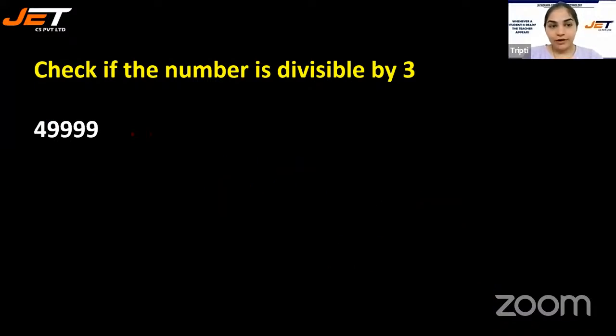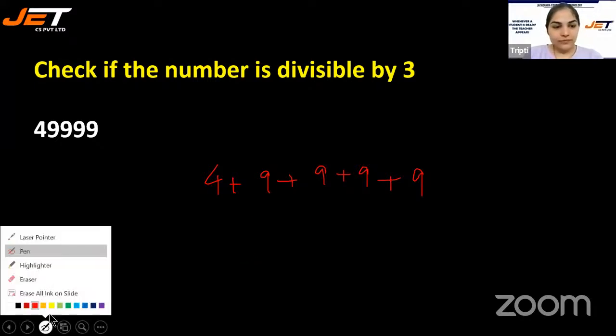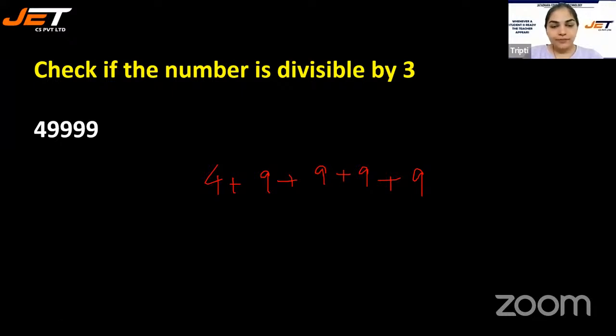Oh my God. 4 plus 9 plus 9 plus 9 plus 9. Do it. So 9 plus 9 is 18, 27, 36. 36 plus 4 is 40.